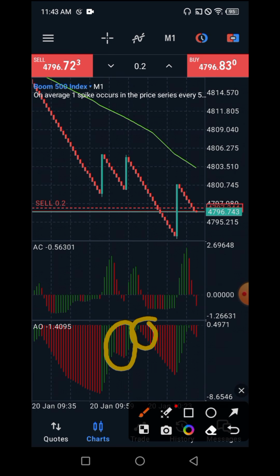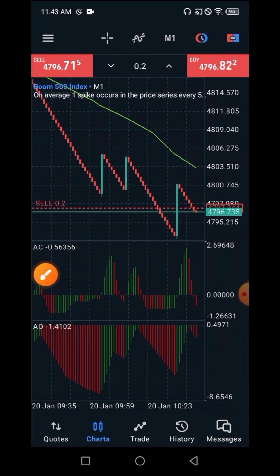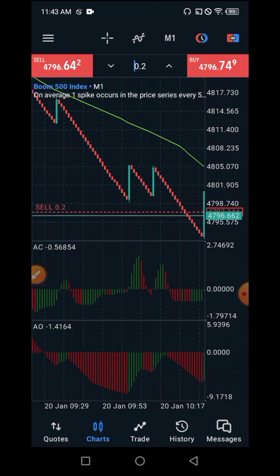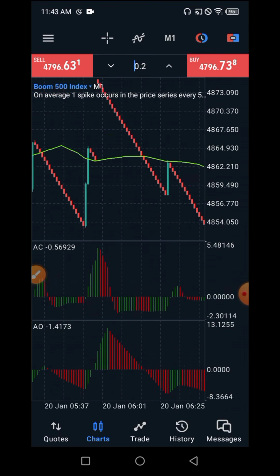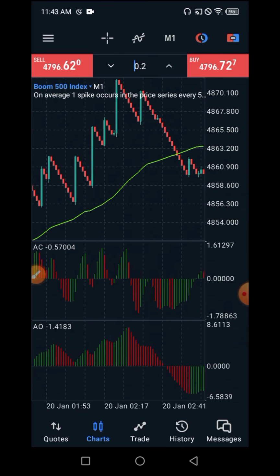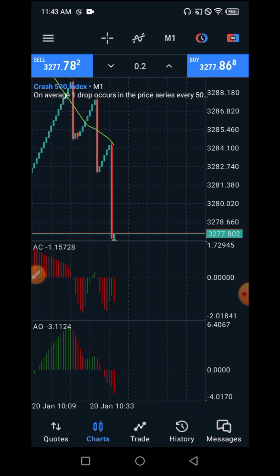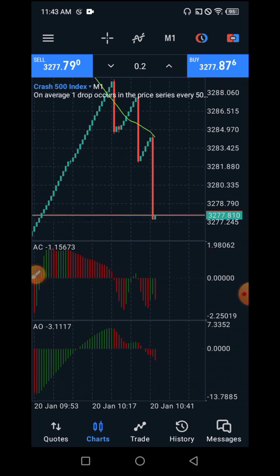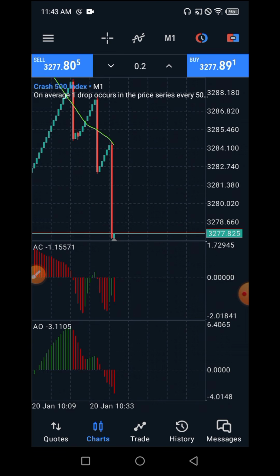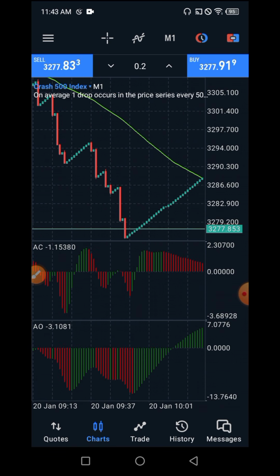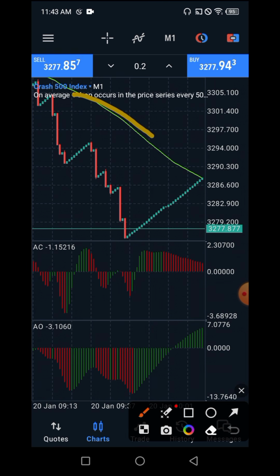So guys, let's check. Okay, we are still there, guys. Let me check if there is any opportunity. No opportunity here, guys. It's selling. Seriously, it's selling. Here now that it is selling, you can see our moving average is above our zero level.